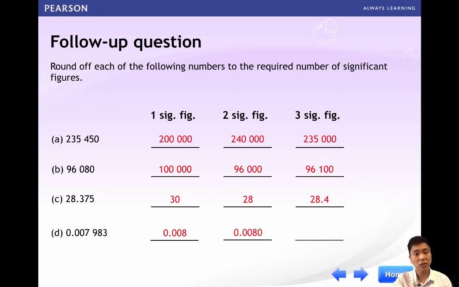Do not omit the 0 here because we have to get two significant figures. So we have to write down 80 for this answer. And for three significant figures, because the last digit is 3, we don't need to change the 8. So we will just write down 0.00798. So there are three significant figures for this number.